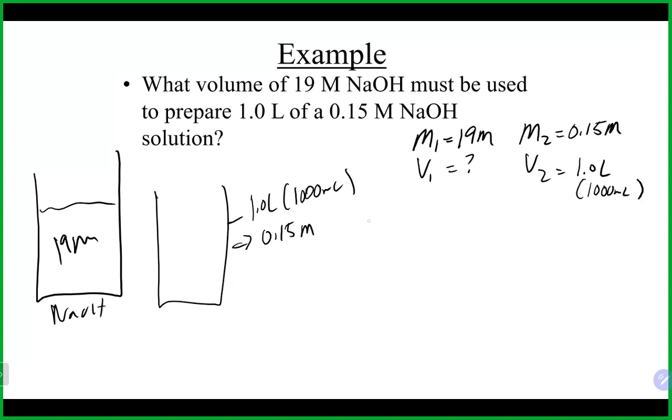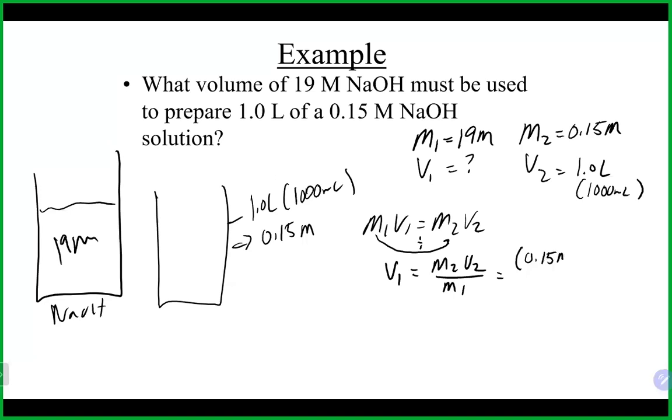So here we're going to use our M1 V1 equals M2 V2. We're going to solve for V1 by sending this to the other side. That's going to give us V1 is M2 V2 divided by M1. That is going to be 0.15 molar, I'll go with my 1 liter for now, and my 19 molar.